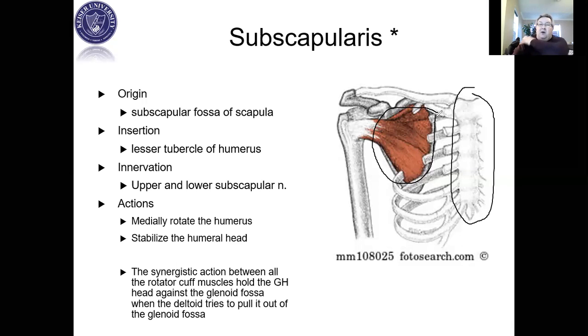But right above the shoulder, the more superficial muscle is the deltoid. And the deltoid is very, very strong. And what the deltoid tries to do is pull the humeral head out of the glenoid fossa.